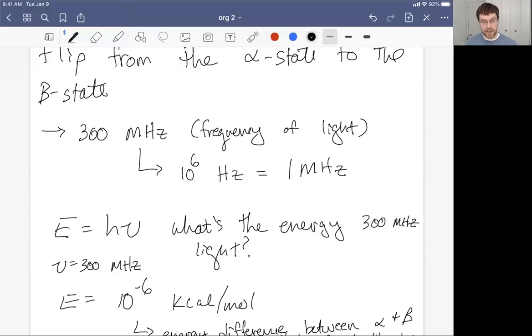So it was important that I standardized this by saying I'm using a 7 Tesla magnet. If I doubled the field strength from 7 Tesla to like 14 or 15, I would have a proportionate increase in the frequency required to flip from the alpha state to the beta state. We'll go through that later.